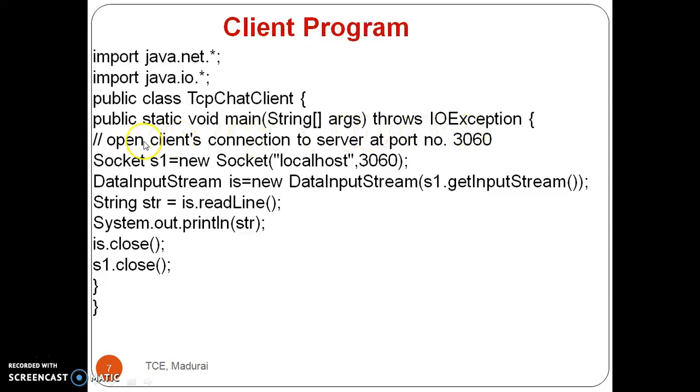Next step, the important step at the client side, is to create a socket. The syntax for creating a client side socket is Socket s1 = new Socket("localhost", 3060). Here the parameters we are passing to the Socket class are important.